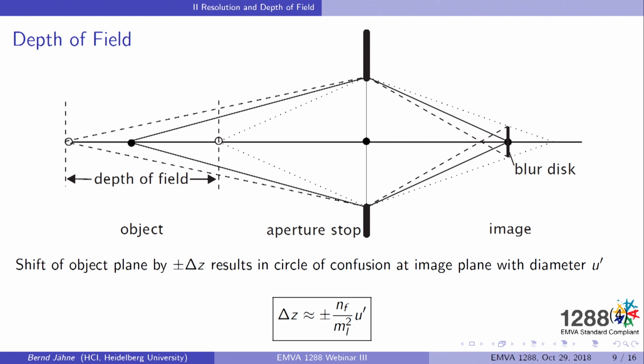That clearly means, for instance, the aperture number, it's quite clear. If we close it down, we get in the same way a larger distance. So if the aperture number goes from 4 to 8, remember 8 is a smaller diameter, then we have double the depth of field. However, the magnification ratio is much more important.